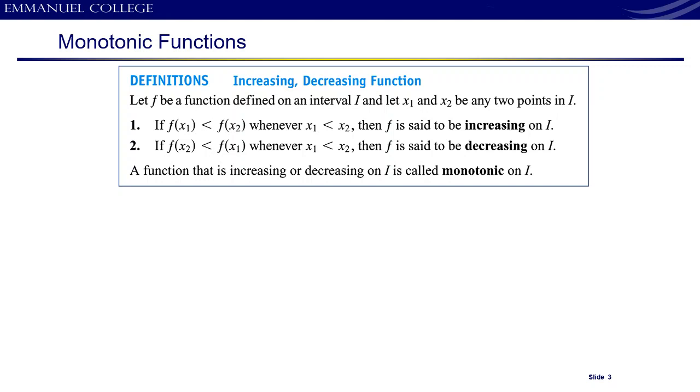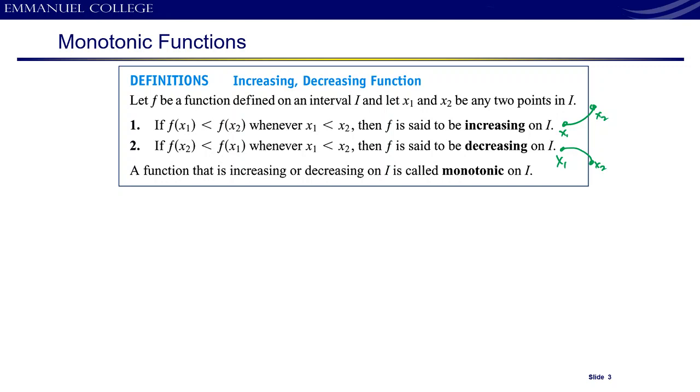If f of x1 is less than f of x2, whenever x1 is less than x2, then it's said to be increasing. So that's like going from here to here. Here's x1, here's x2. And then opposite, if you start here and decrease to here, that would be decreasing.